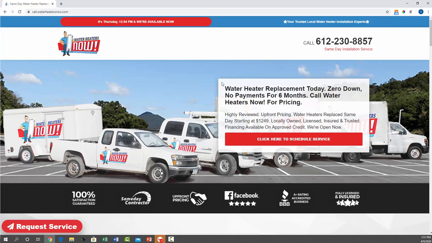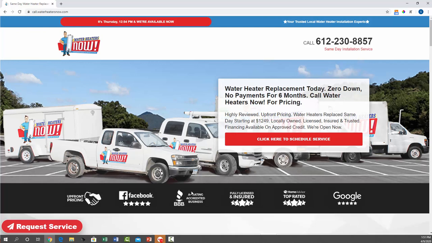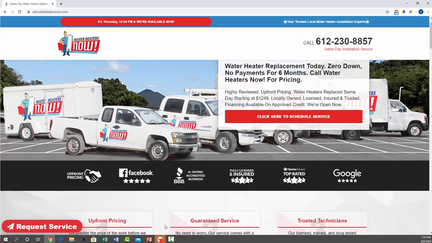All of those critical components that go into the ad copy formula, you're going to see all of those components: the speed factor, the urgency, the scarcity, the local factor, the trust. All of that is here before you even use your mouse to scroll down.